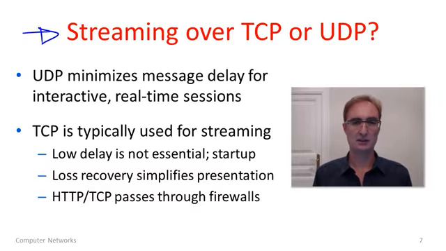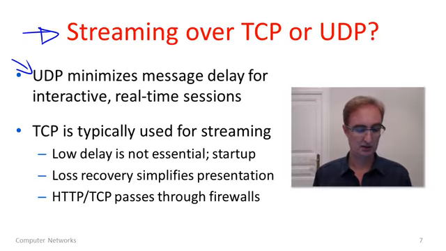This is a bit of a funny question in that most of us, at least networking researchers, are used to thinking of real-time information as being synonymous with the usage of UDP. If you use UDP, it's just a glorified packet, so this is a great way to minimize the message delay. And that's what you would want to use for interactive real-time sessions like your Skype calls.